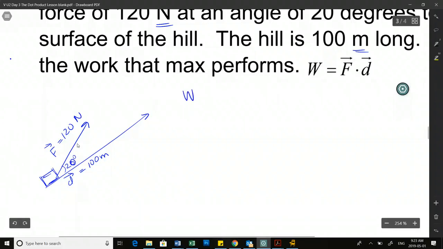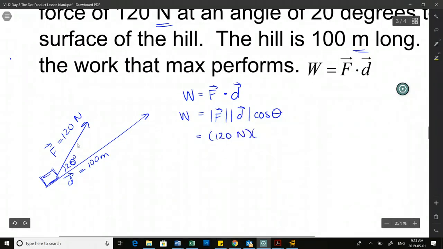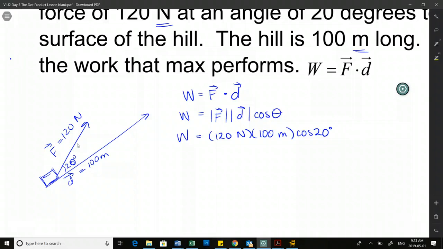It's not a resultant. So if work is force dotted with displacement, we're getting the magnitude of the force times the magnitude of the displacement times the cos of the angle that they make together. That will give us work. So my force is 120 newtons, and my displacement is 100 meters. Then we do cos of the angle that those two make together, and we should get our work from that. Again, it's a scalar.